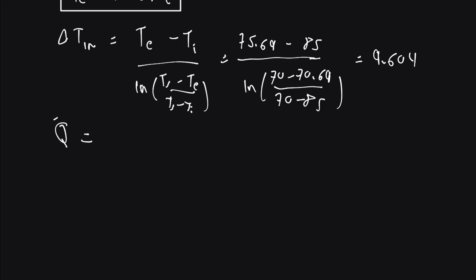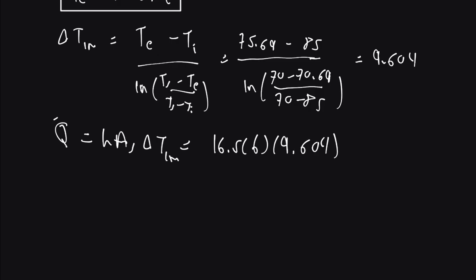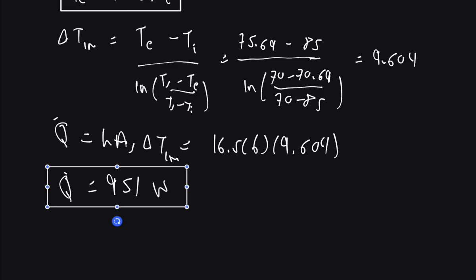Now we just need to calculate Q dot as h As delta T. So 16.5, 6, 9.604. We have all of these. Q dot is 951 watts. Bang.